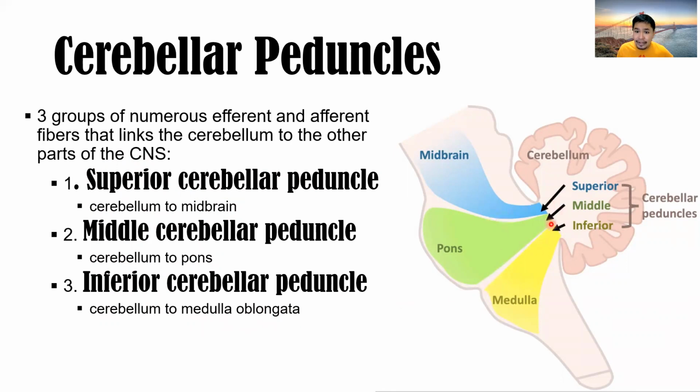Here in the picture, we'll appreciate the color codings. Superior having connections to the midbrain, middle having connection from the cerebellum to your pons, and the inferior cerebellar peduncle having connections to your medulla oblongata, which, these three, midbrain, pons, medulla, are parts of your brainstem.